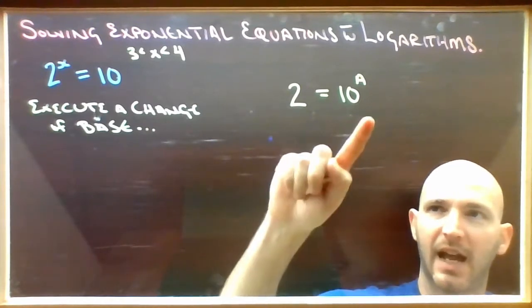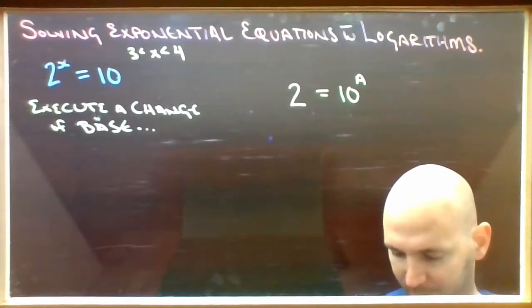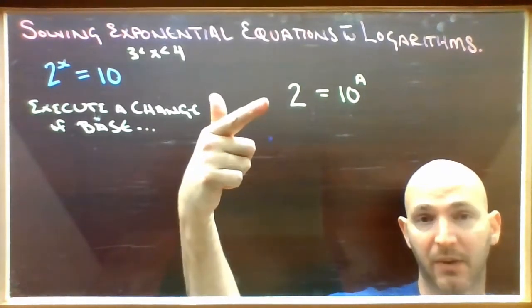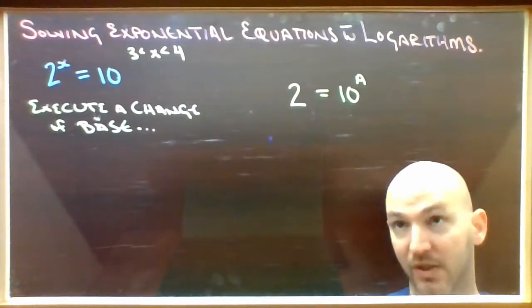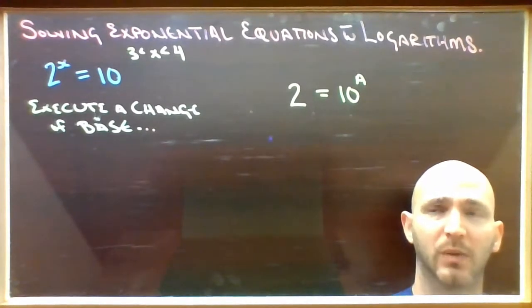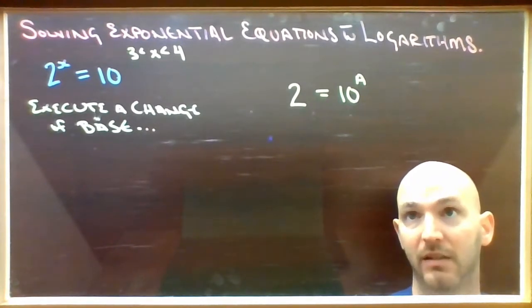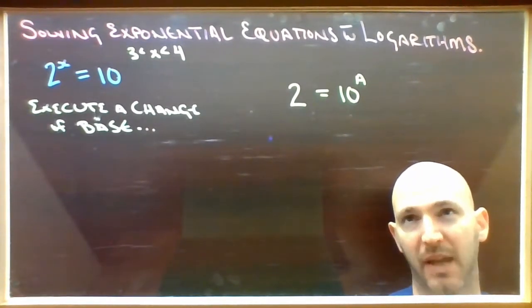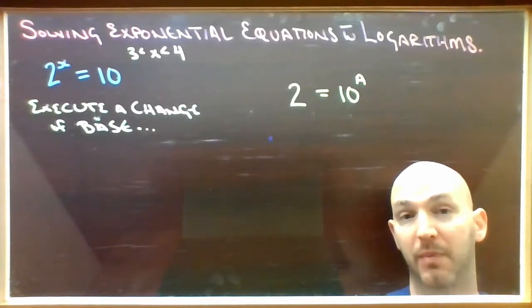So if I have this here, then this is just another exponential equation that I have to solve. So the variable is up here in the exponent of a 10. So you break a base 10 exponent by using a base 10 log.